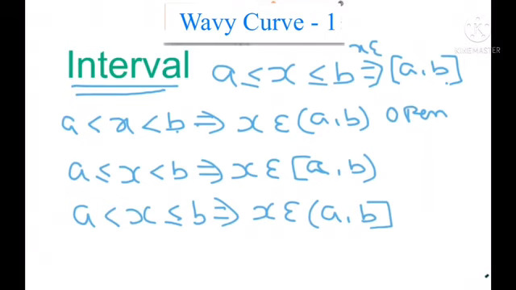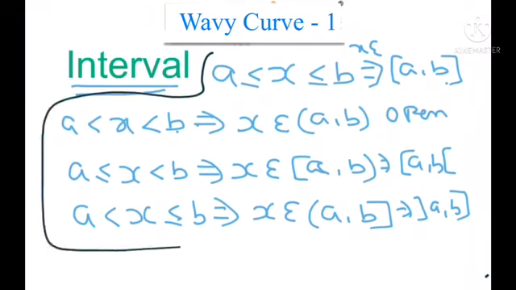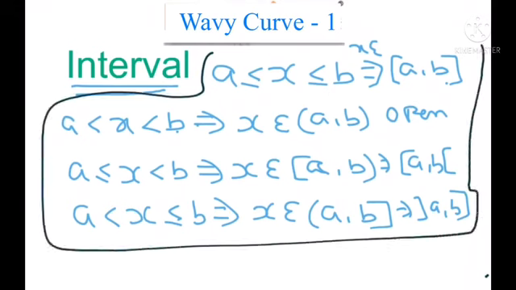Sometimes we also represent this one as ]a, b[ and this one as ]a, b]. So these are the intervals which a student must know, because we are going to discuss the final result and the options will be in this form only.